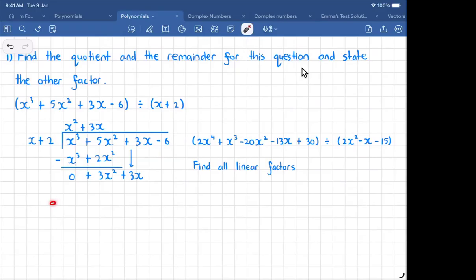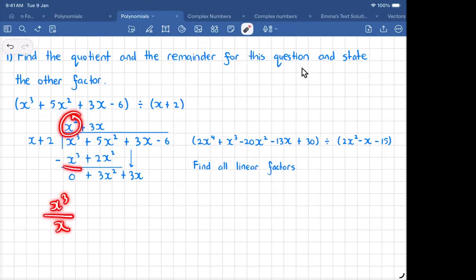My first step was x cubed divided by x, and we get x squared. What did we do with the x squared next? Put it on top. Then you multiply by the x in the divider, and I get x cubed.